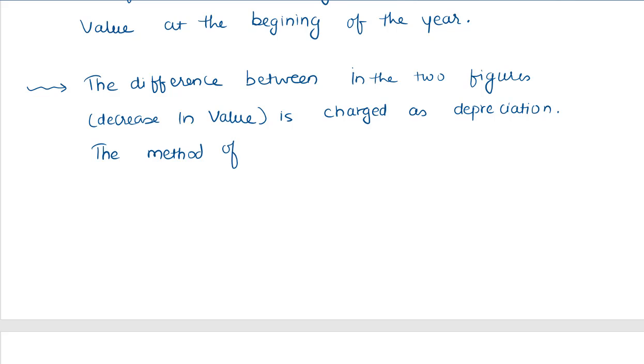The method of calculating depreciation is given below.